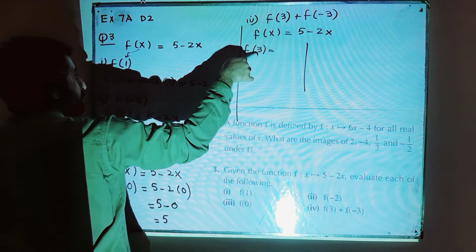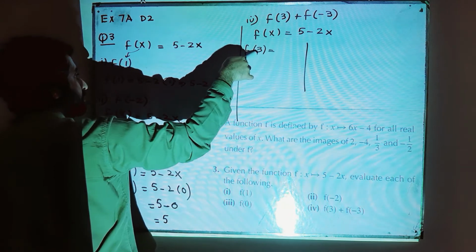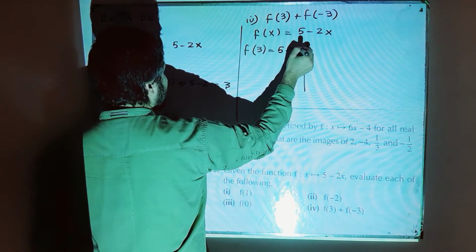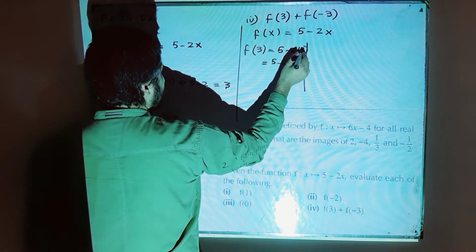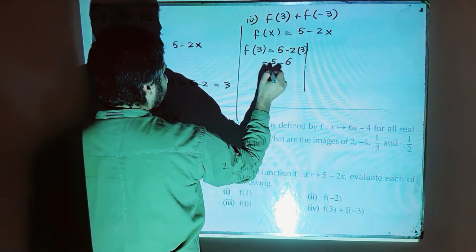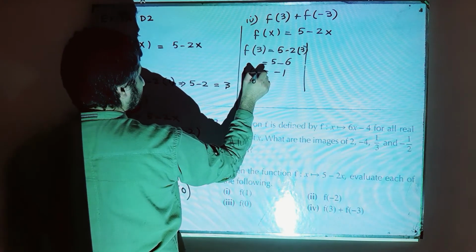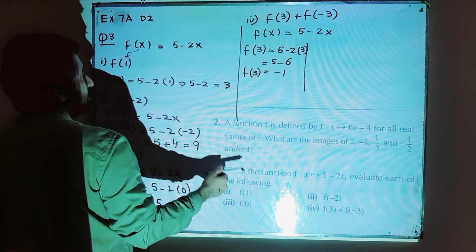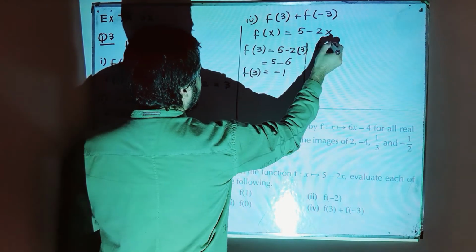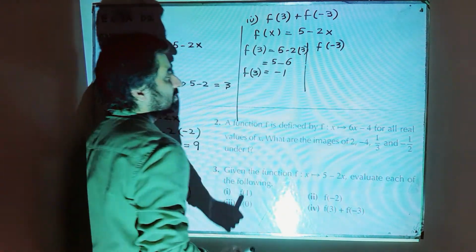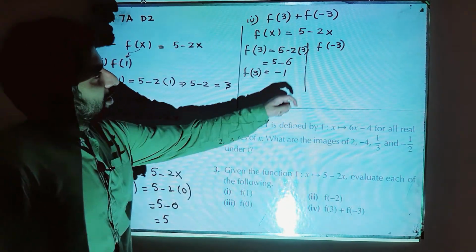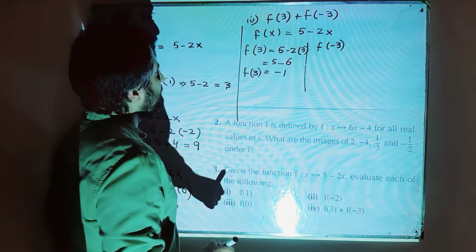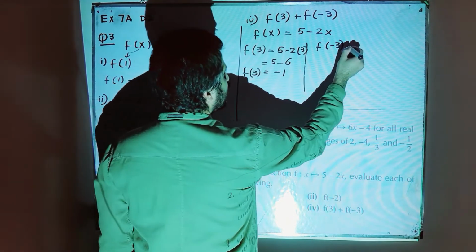Use x equal to 3 in your function. 5 minus 2 into 3, that is 5 minus 3 into 2 is 6, that is minus 1. f3 is minus 1. Now find f minus 3, that is you have to use x equal to minus 3 here in your function.